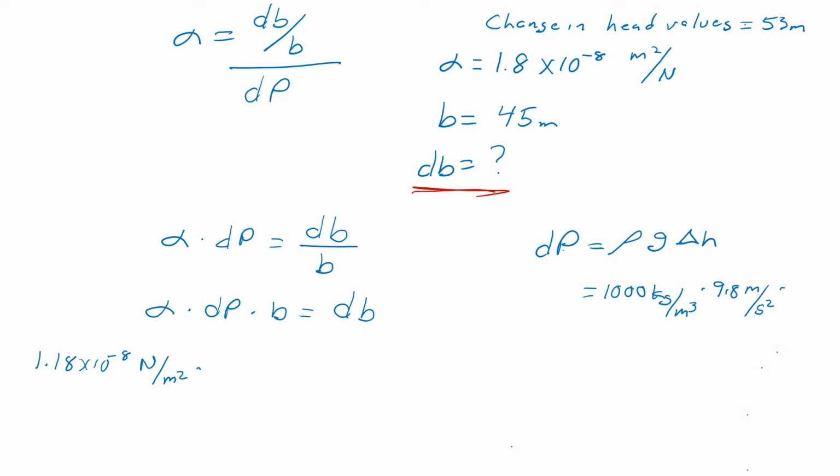And the change in head value was 53 meters. We can multiply all those together to get our value. I think it comes to 519,400 pascals. Pascal is the same as a Newton per meter squared.